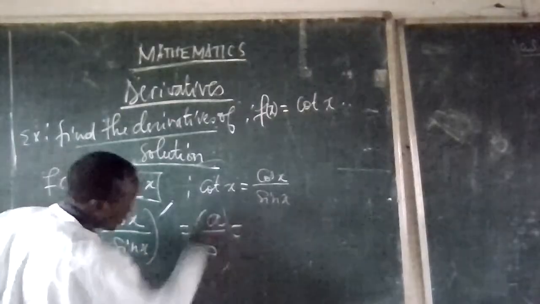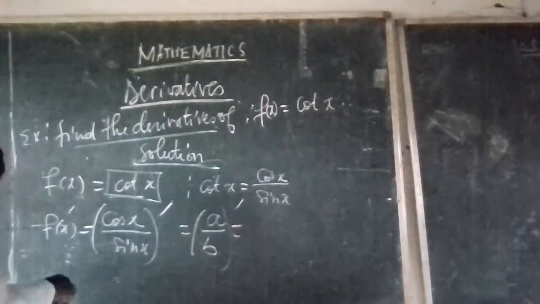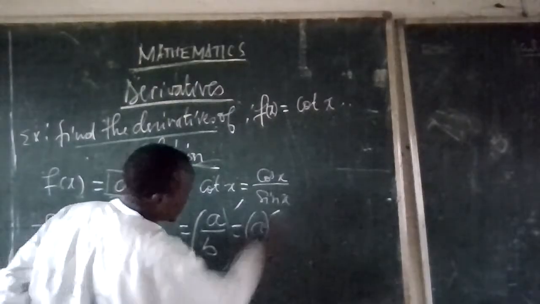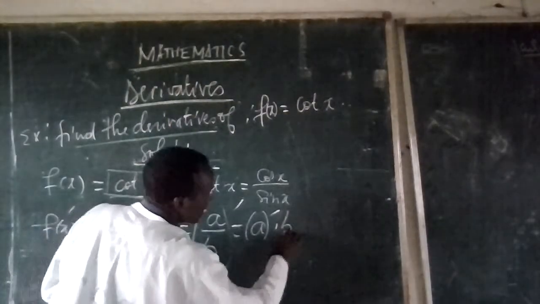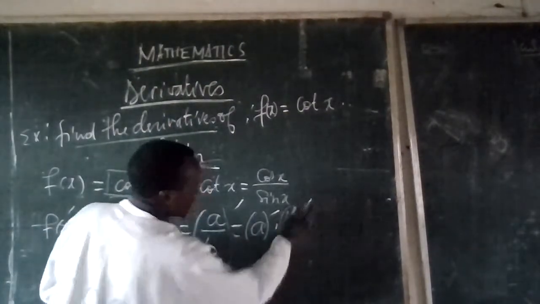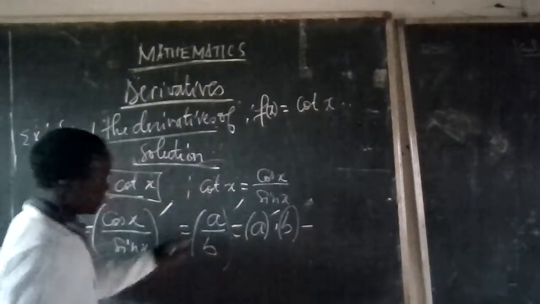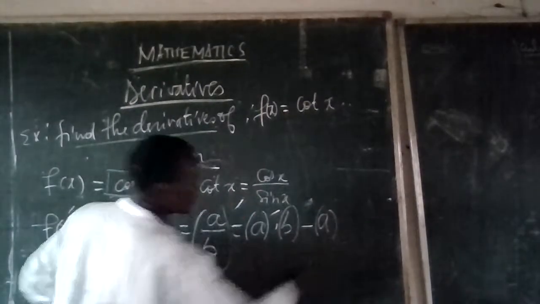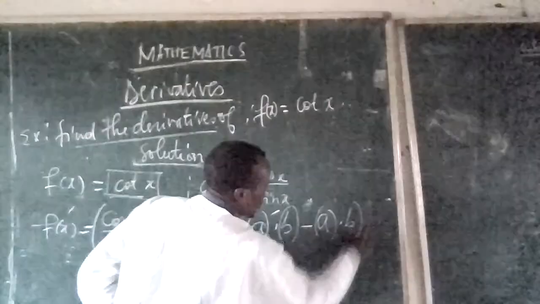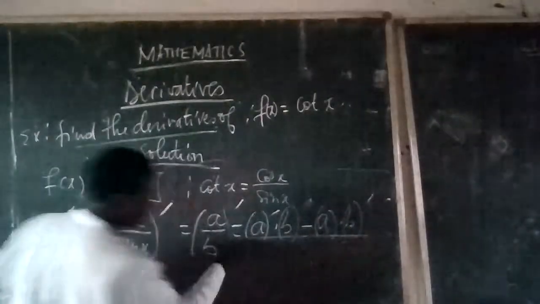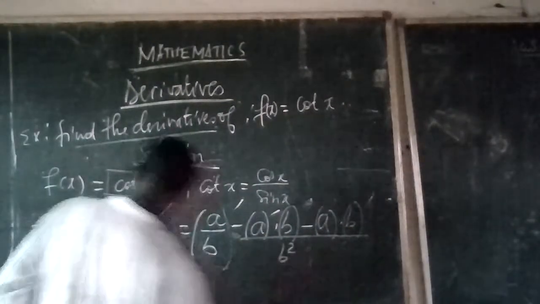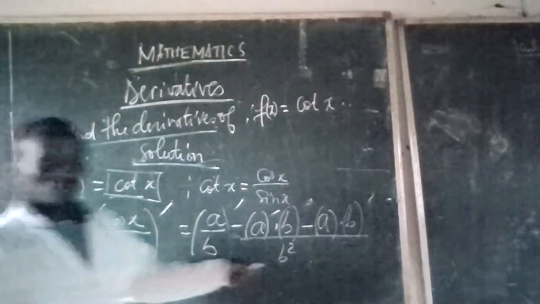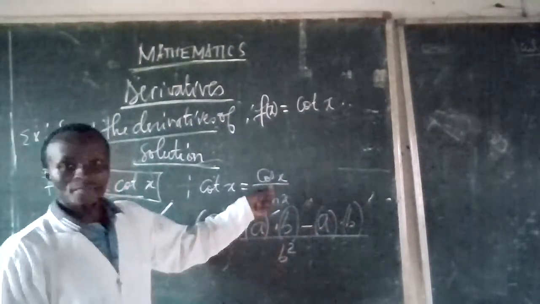Now its derivative should be a derivative times b, which is not derivative, minus a, which is not derivative, times b derivative, over b square. Now this is the general formula that we are going to apply.